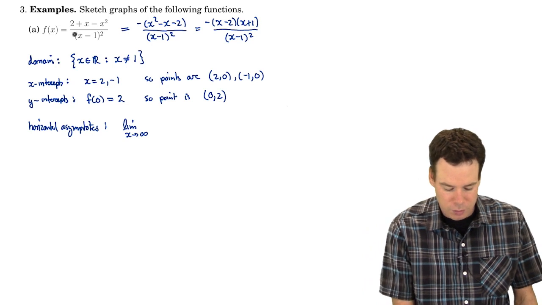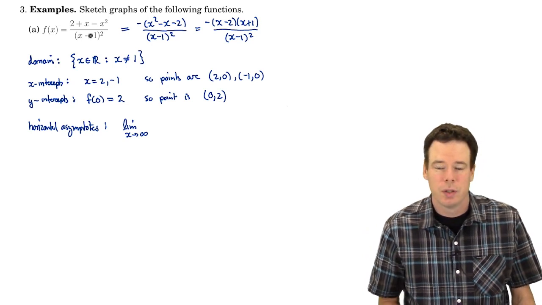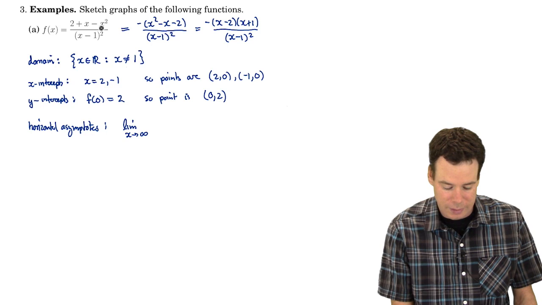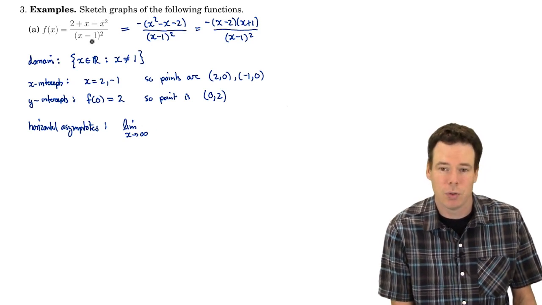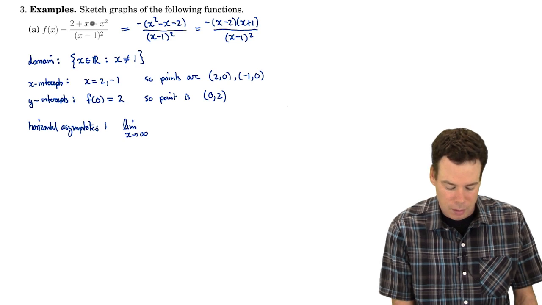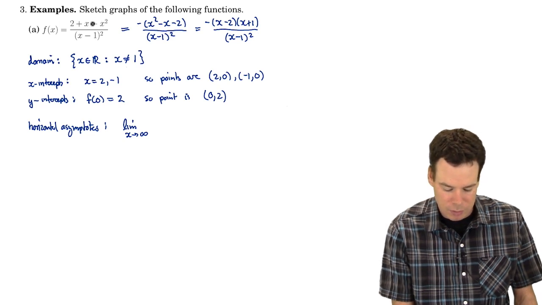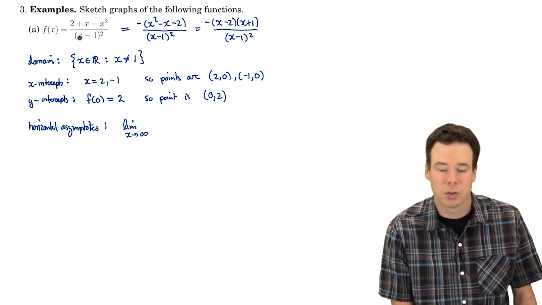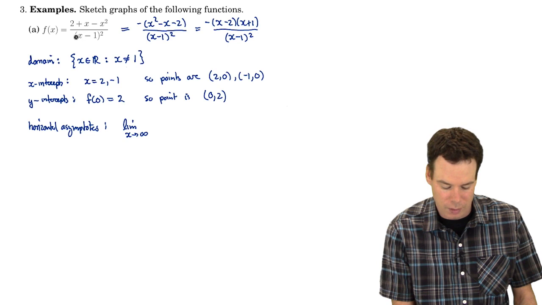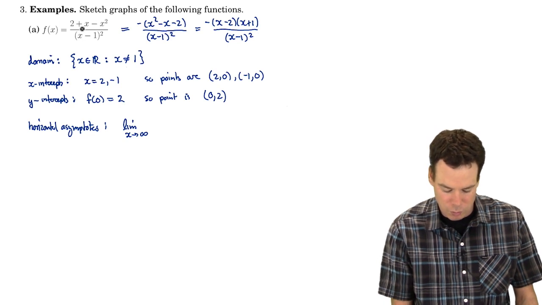Well, this is a rational function, degree 2 over degree 2. So we know we can get the horizontal asymptote, or the limit as we go to positive or negative infinity, by looking at the ratio of the leading coefficients of top and bottom. The coefficient of the leading term up top is negative 1. You'll have to expand the bottom to see its leading term, but it's going to be x times x, or x squared. So we've got a coefficient of 1 in front of that. And so it's negative 1 over 1.